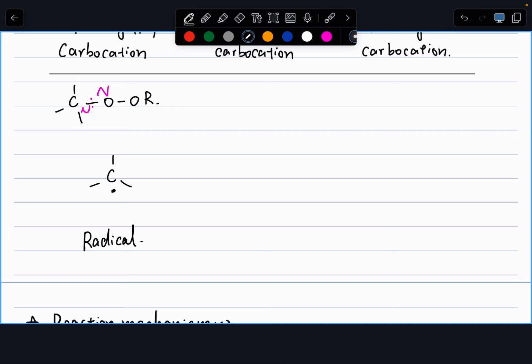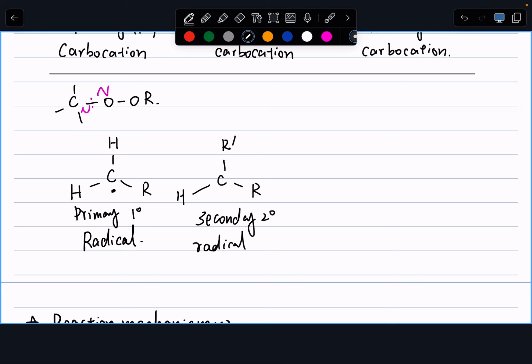And likewise, depending on what things are attached to the carbon with the radical, you can have primary, you can have secondary, and also tertiary radical.